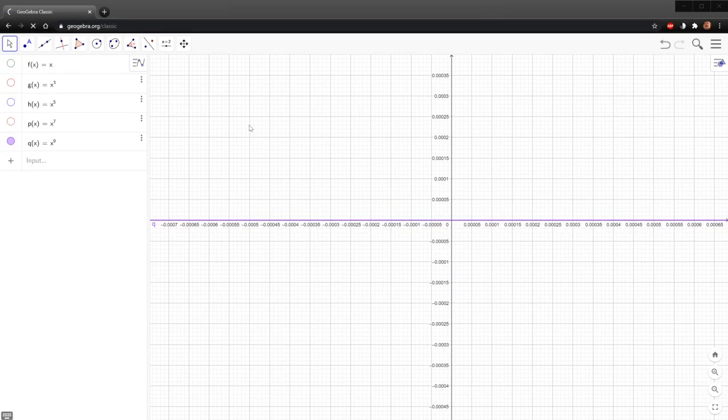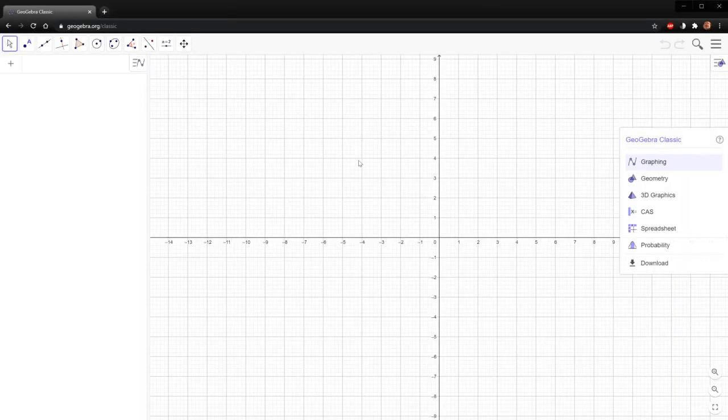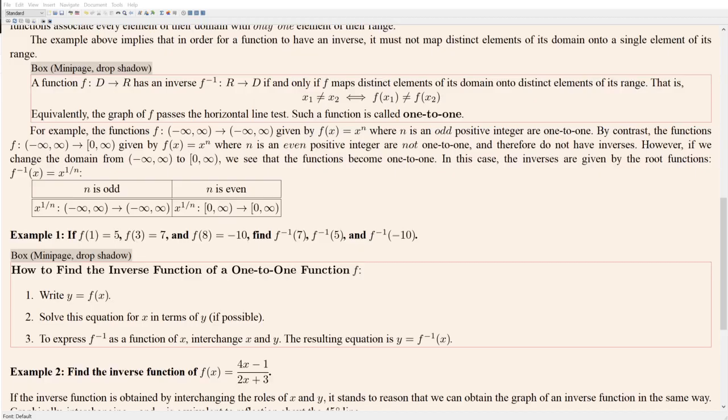Well, whatever. Point being, you can take my word that they pass the horizontal line test. They just get flatter and flatter towards the origin. So power functions, x to the power of an odd number, those are all one-to-one. And so they have inverses.